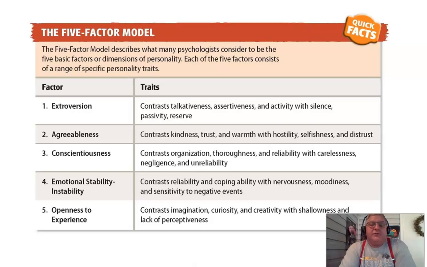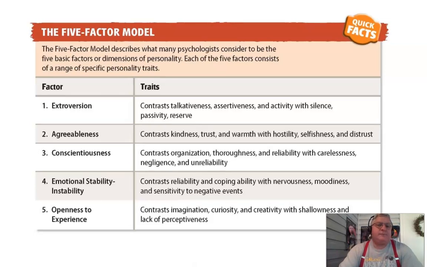Extroversion contrasts talkativeness, assertiveness, and activity with silence, passivity, and reserve. Agreeableness contrasts kindness, trust, and warmth with hostility, selfishness, and distrust. And neuroticism is emotional stability and instability, and it contrasts reliability and coping ability with nervousness and sensitivity to negative events.